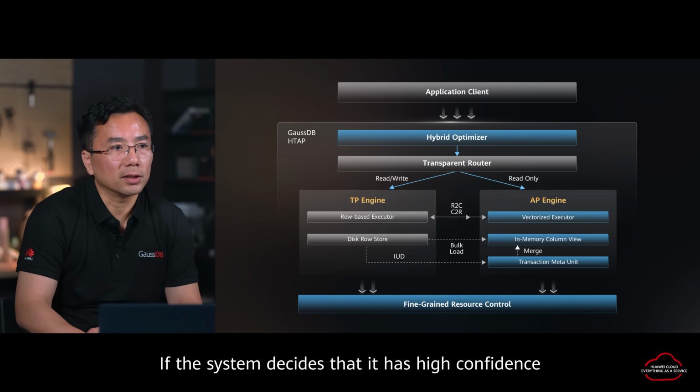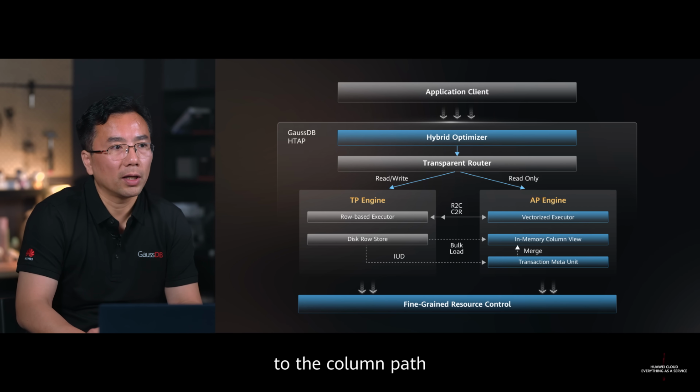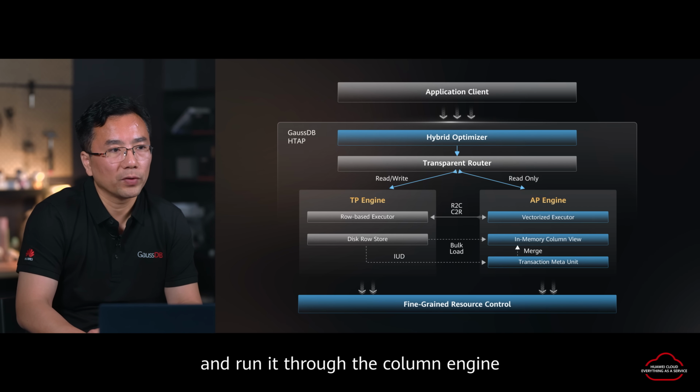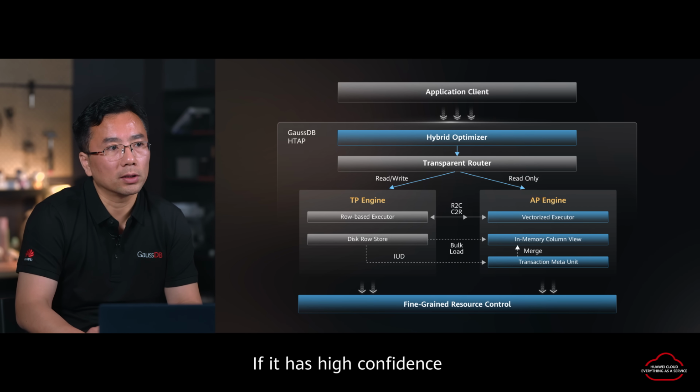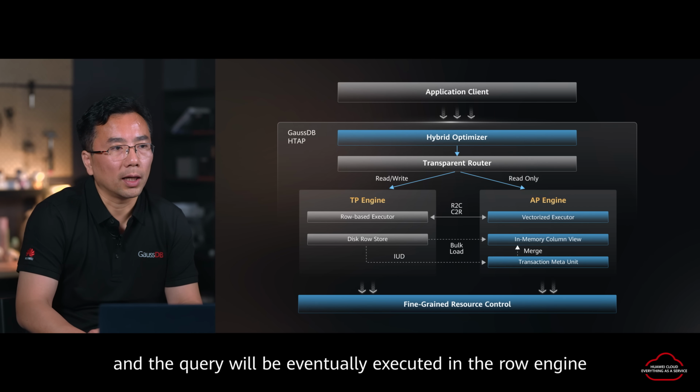If the system decides that it has high confidence of AP type of workload, it will try to route the access to the column path and run it through the column engine. If it has a high confidence of transaction type of workload, it will route this access to the row store and eventually be executed in the row engine.